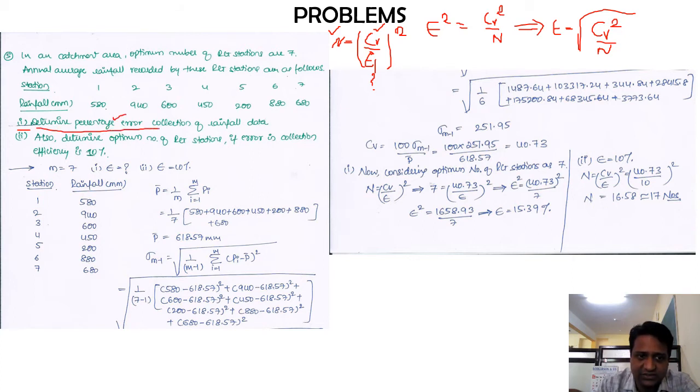This percentage error is nothing but epsilon, and the formula to calculate that epsilon is this, as indicated over here.